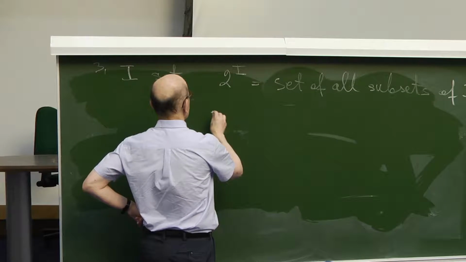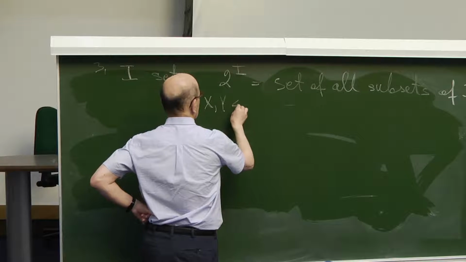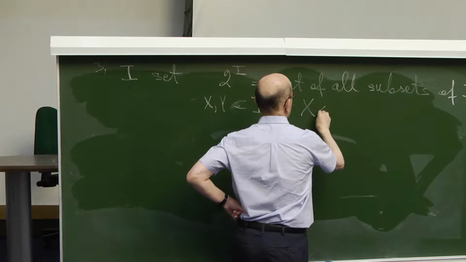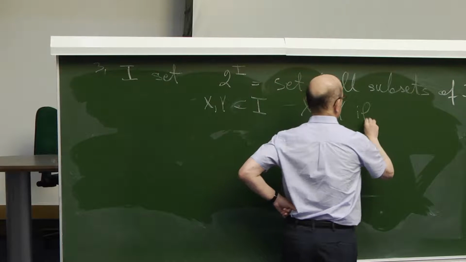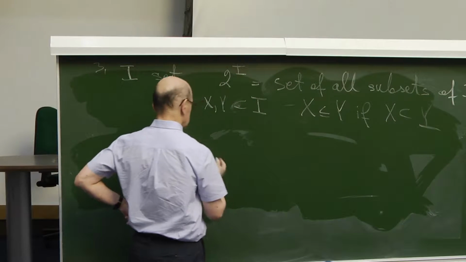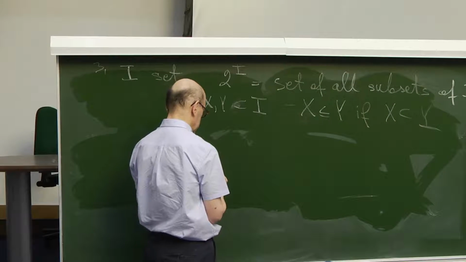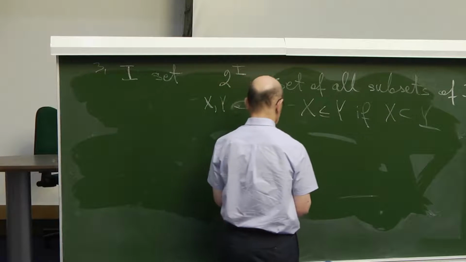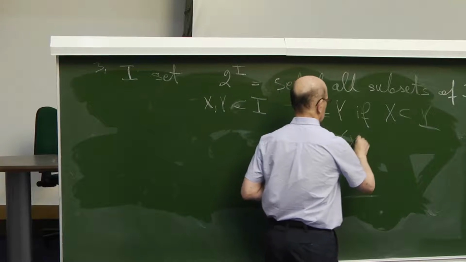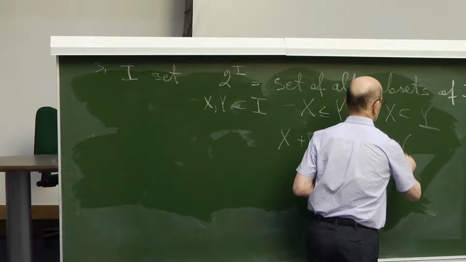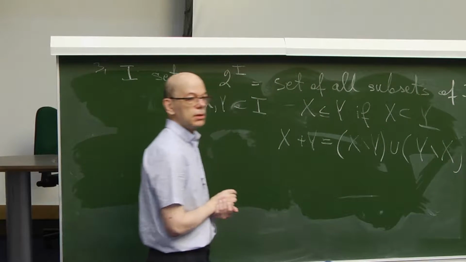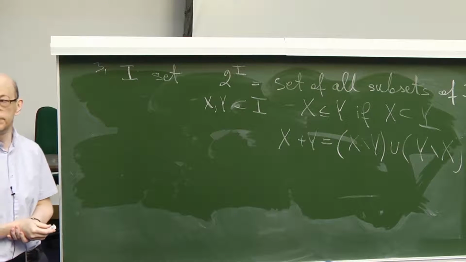If you have two subsets, X and Y, of I, then X is smaller than or equal to Y if X is contained in Y. Now what is the addition operation? It's just symmetric difference. X plus Y is X minus Y union Y minus X. The symmetric difference, and all axioms are satisfied.